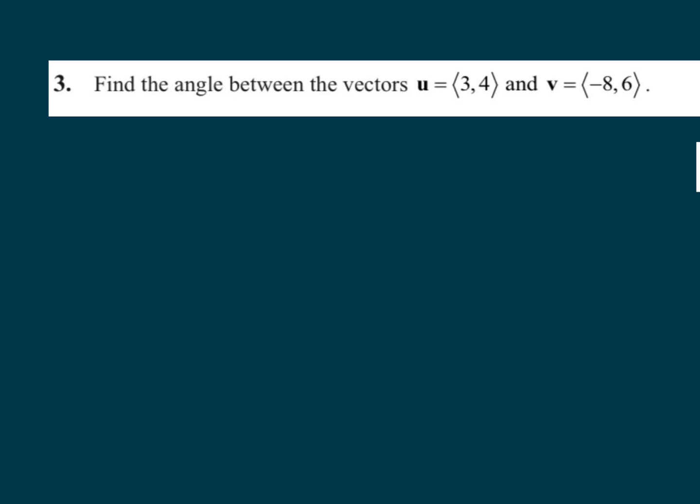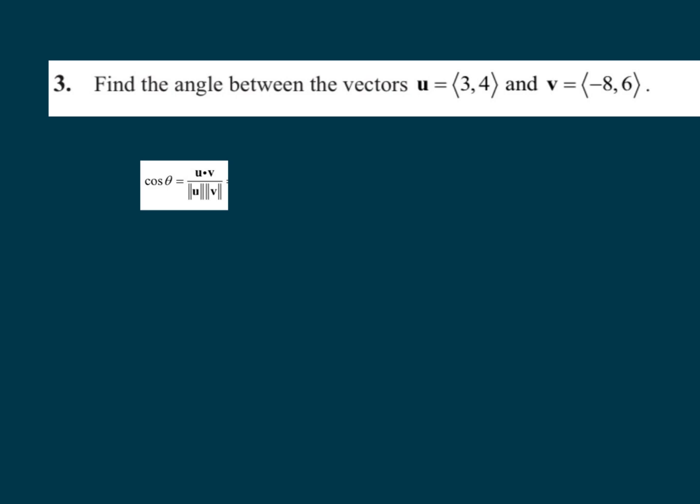We want to find the angle between the two vectors. To find the angle between the two vectors, we will use the equation that we deduced at the beginning of the lesson: cosine of theta is the dot product of the two vectors divided by the magnitude of the first multiplied by the magnitude of the second.